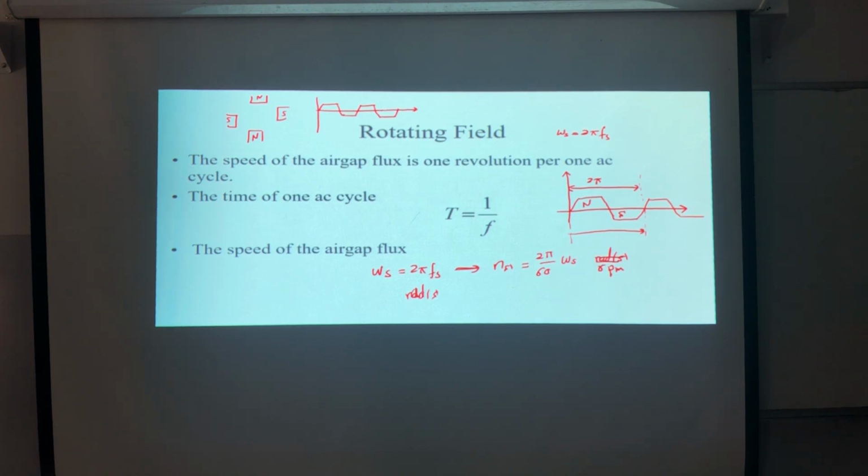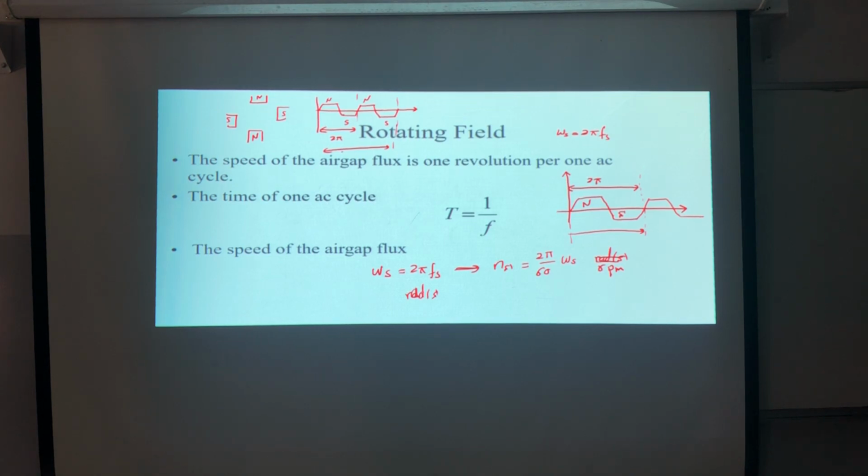In one mechanical complete cycle, I will have two electrical cycles, correct? North, south, north, south. Now, from the electrical point of view, this is a complete cycle, this is the two-pi. From the mechanical point of view, this is the complete cycle, correct?